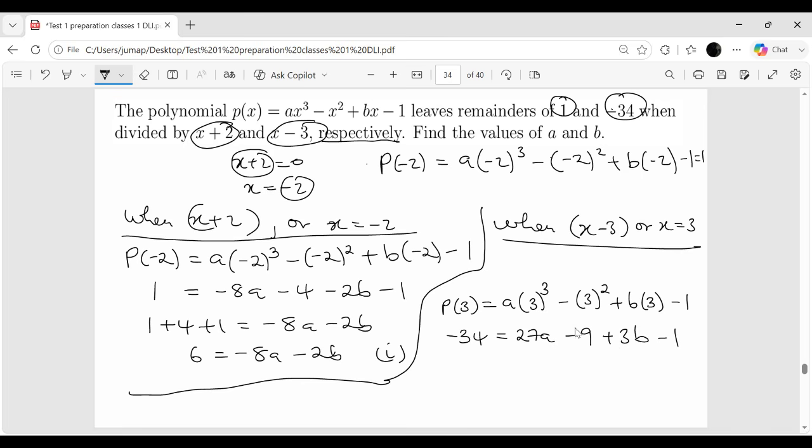So I'll take those ones, negative 9 and negative 1, this side, meaning I'll have negative 34 plus 9 and plus 1 is equal to 27a plus 3b.